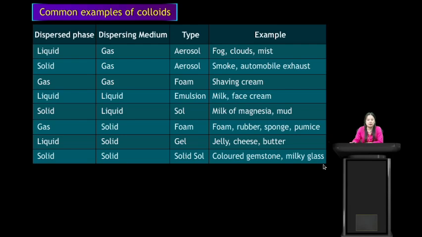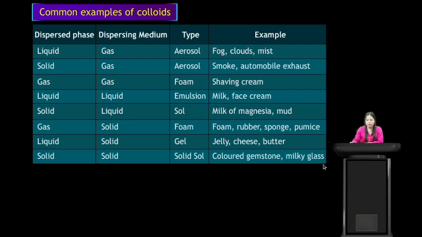We can calculate the volume percentage of solution using the formula: concentration of solution is equal to volume of solute by volume of solution into 100. So by using these formulas, we can calculate the mass percentage and volume percentage of the concentration of the solution.